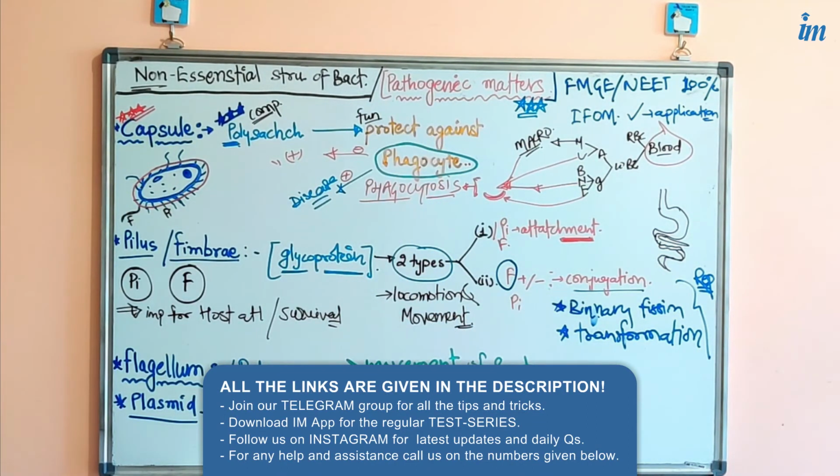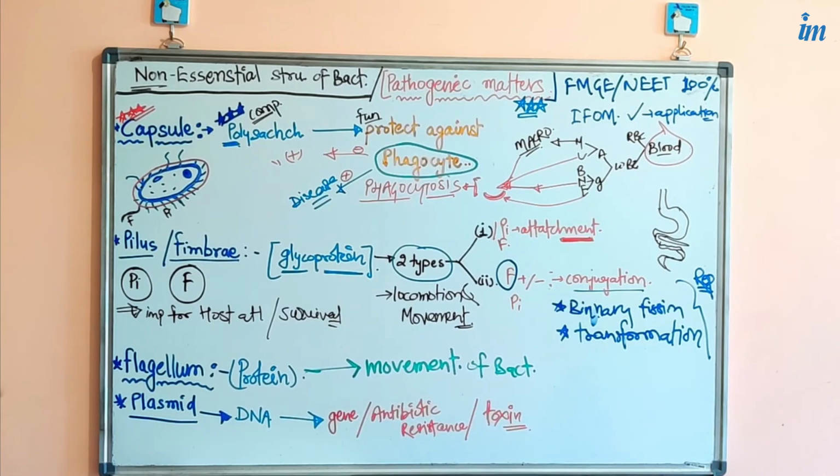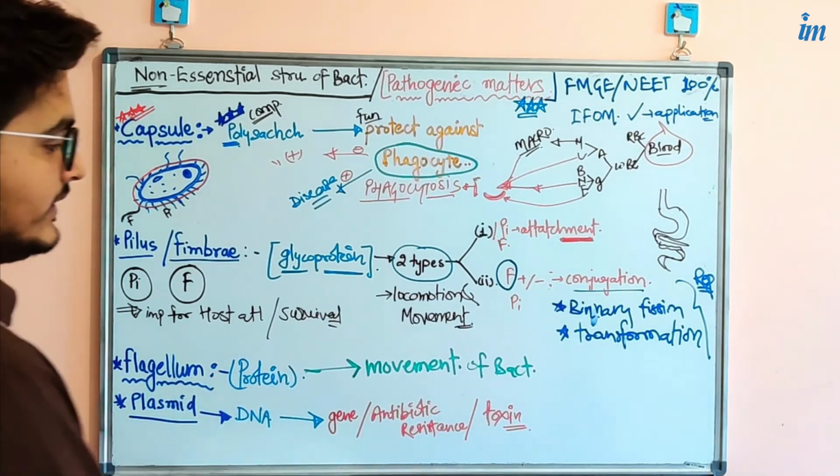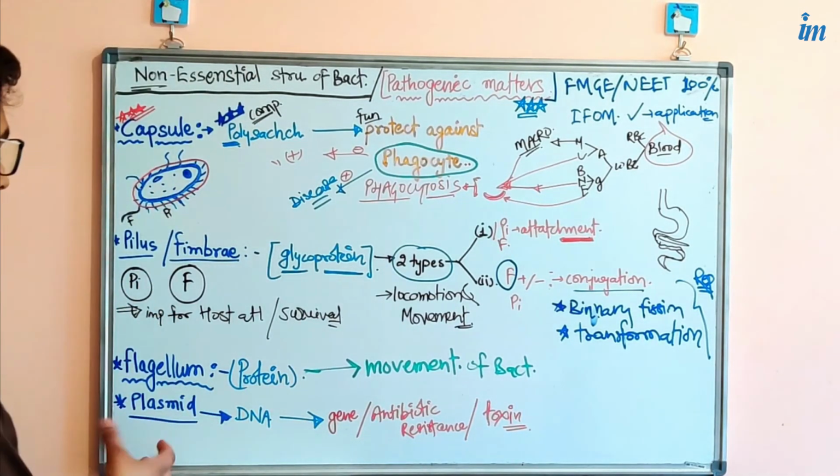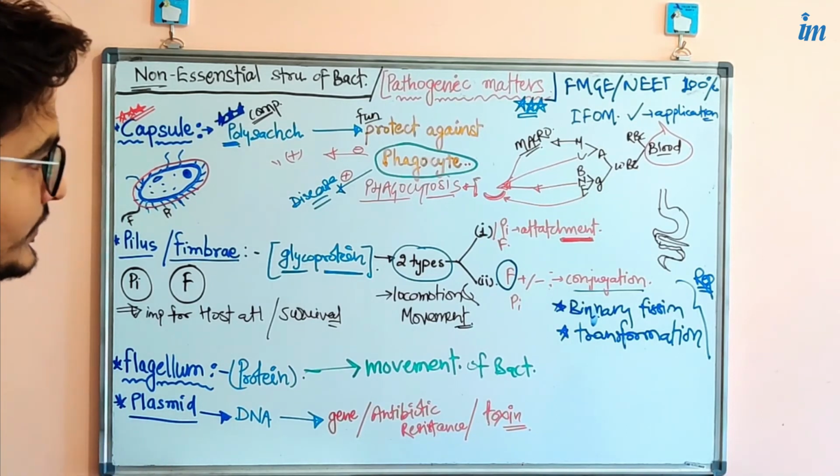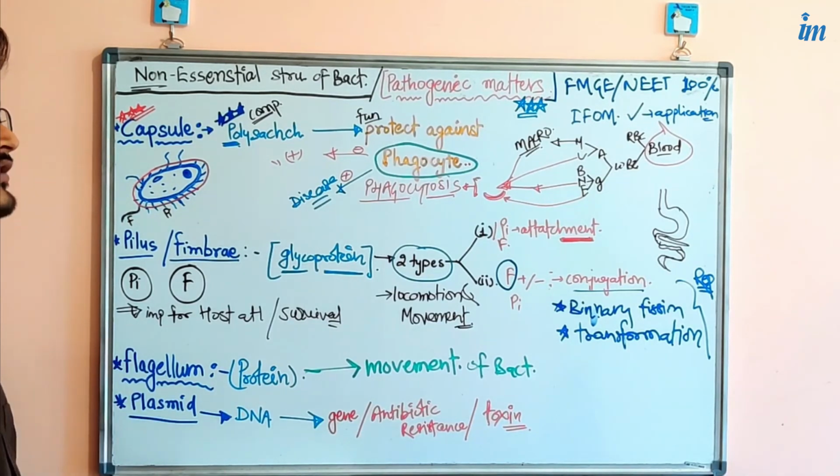Okay, and now the next one, from the biotechnological or genetic point of view: plasmid. Plasmid is very important from the bacterial inheritance or bacterial genetics point of view, but plasmids have almost no use when we talk about infection or pathogenic activity of the bacteria.